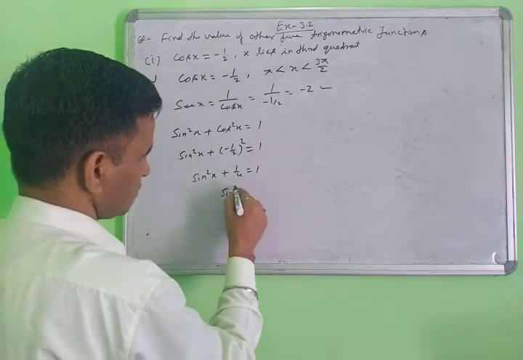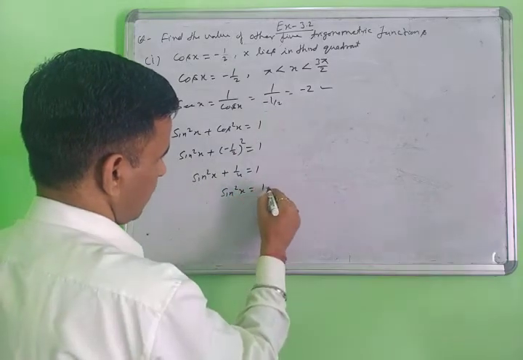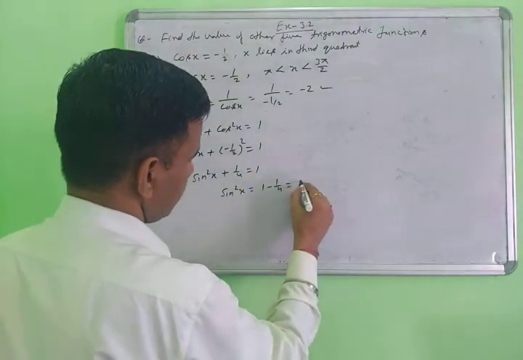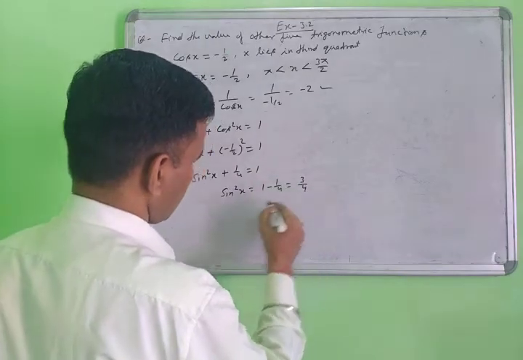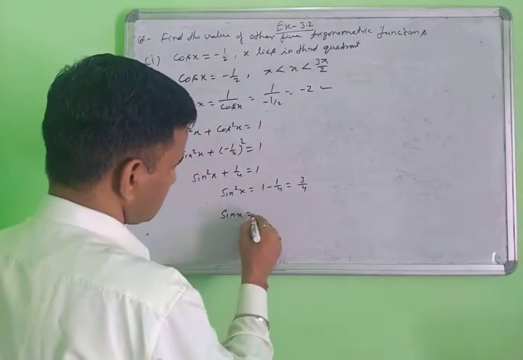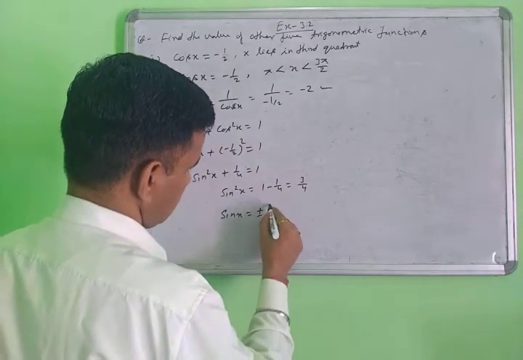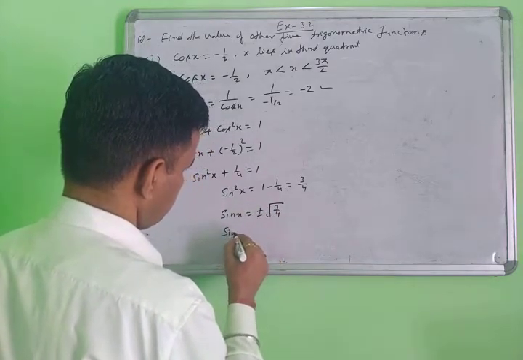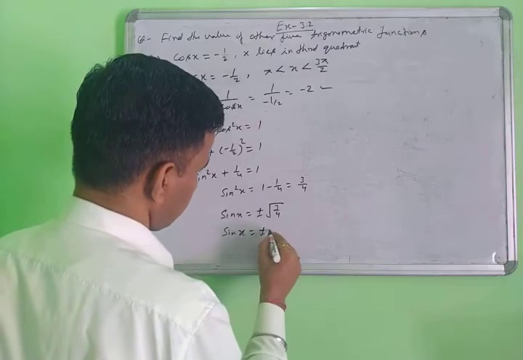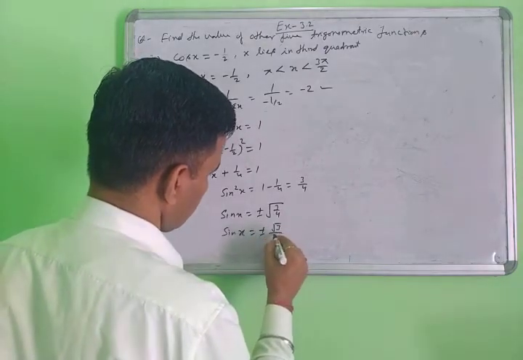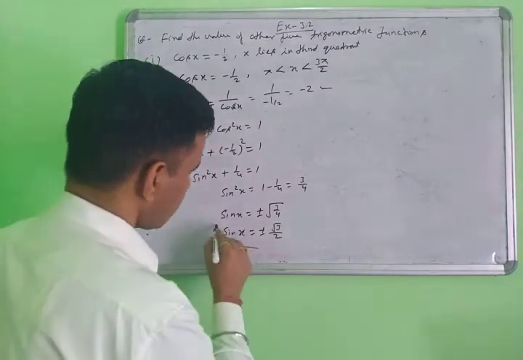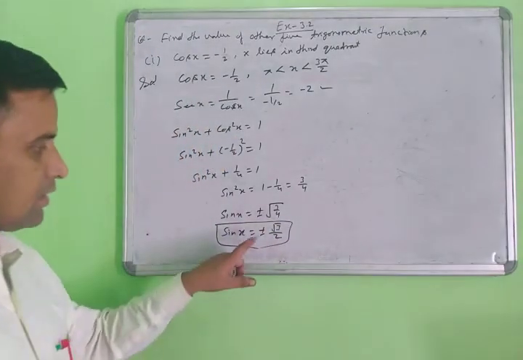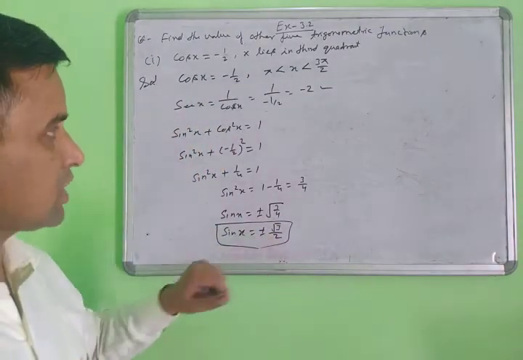So sin square x equal to 1 minus 1 by 4, this will be 3 by 4. So the value of sin x will be plus minus root 3 by 4, sin x equal to plus minus root 3 by 2.